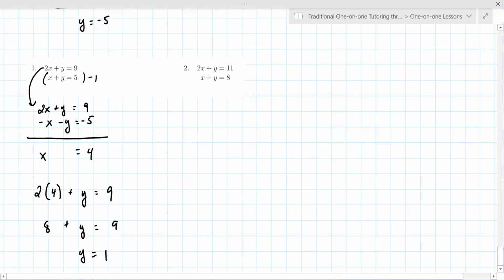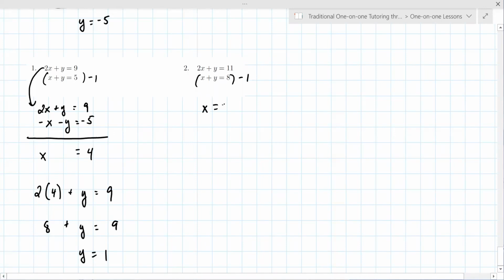Okay. So in the second question here, I want you to multiply by -1, rewrite them down here, and then add. X equals 3.